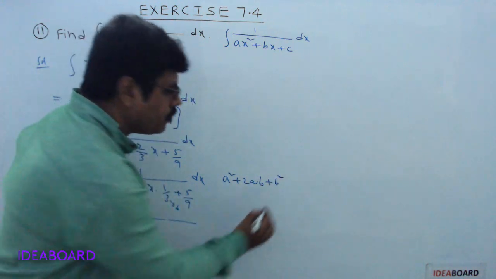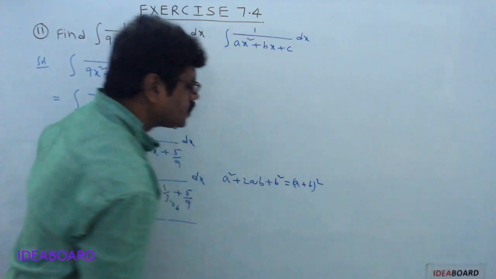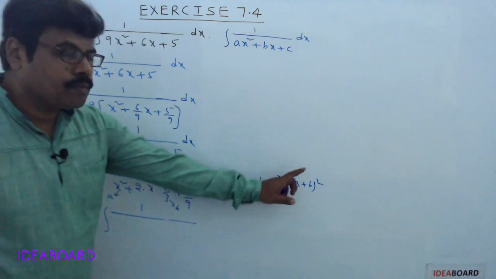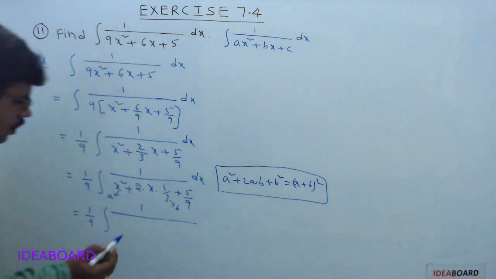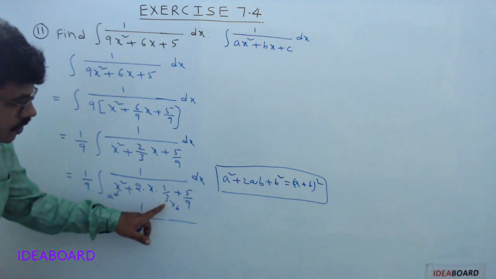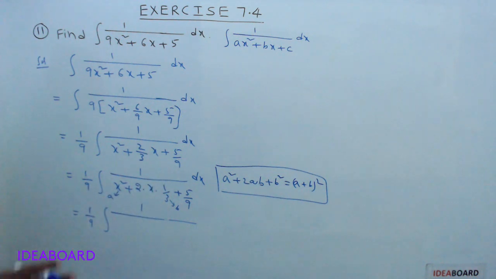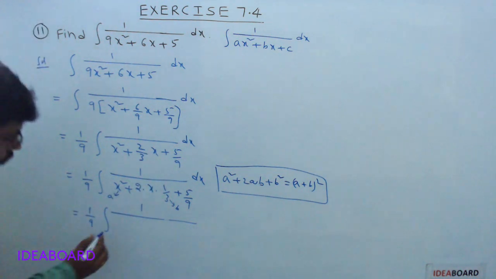What is the term? b square. So a square plus 2ab plus b square equals (a plus b) whole square. Here, to convert this expression into a perfect square, we need 1 by 3 whole square. So, adding and subtracting 1 by 3 whole square.